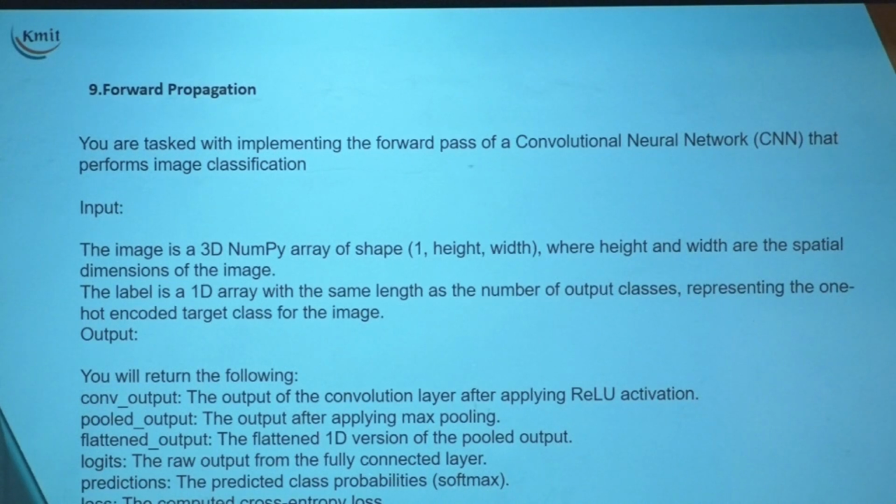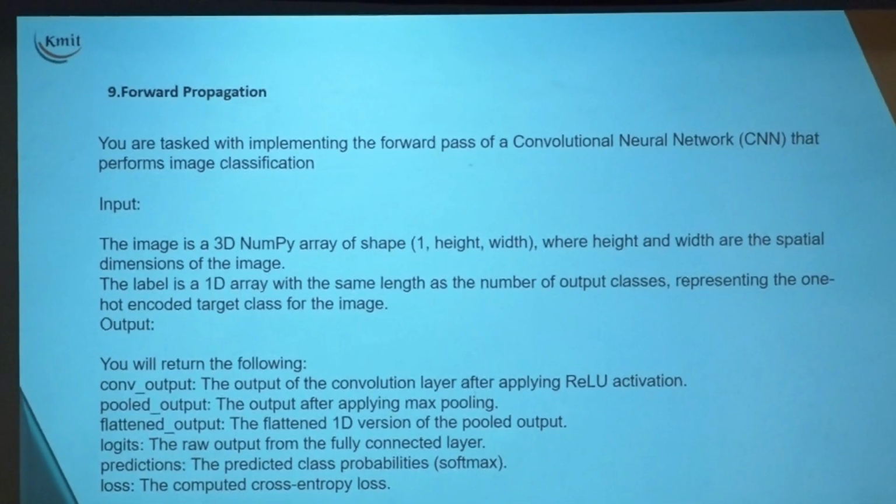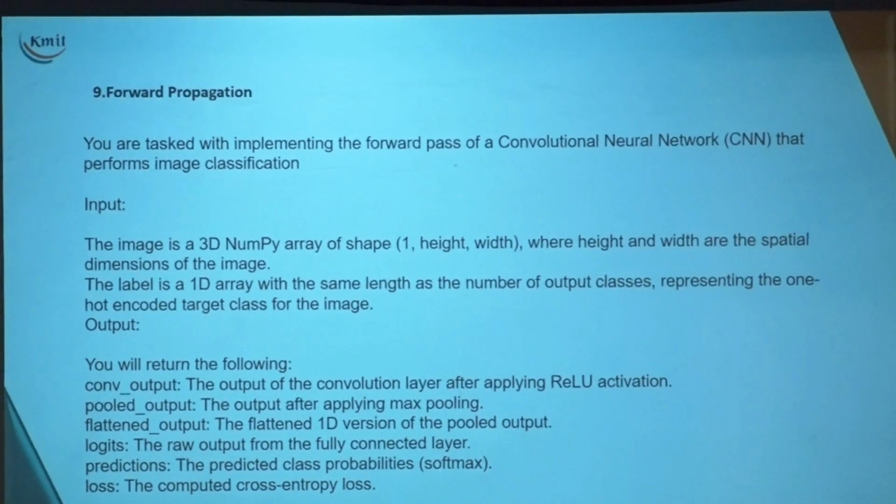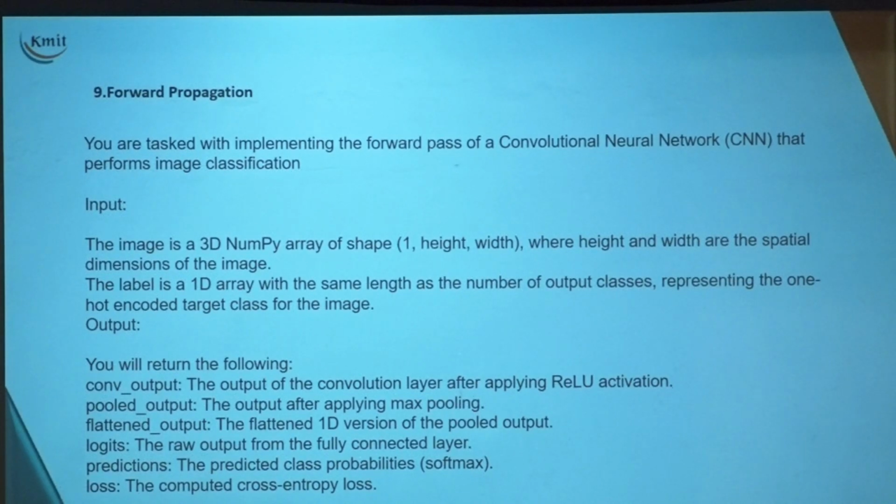You are supposed to implement the forward propagation of a convolutional neural network. The input that you have taken is a 3D numpy array, with height and width, which are the spatial dimensions of the image. You have to return the convoluted output after applying the ReLU activation function. So you have to do convoluted output, pooled output, flattened, prediction, and then loss.